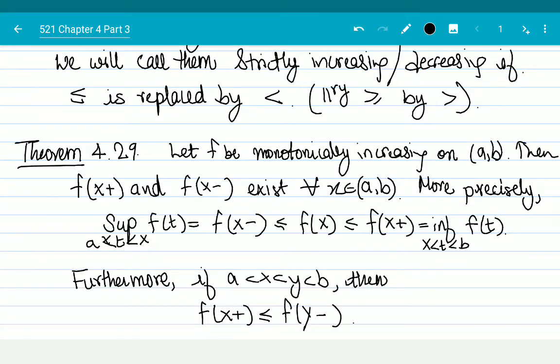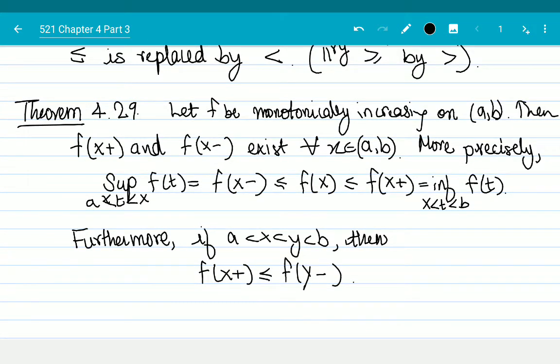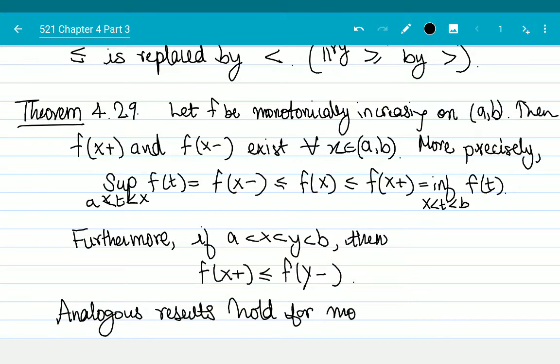Analogous results hold for monotonically decreasing functions.